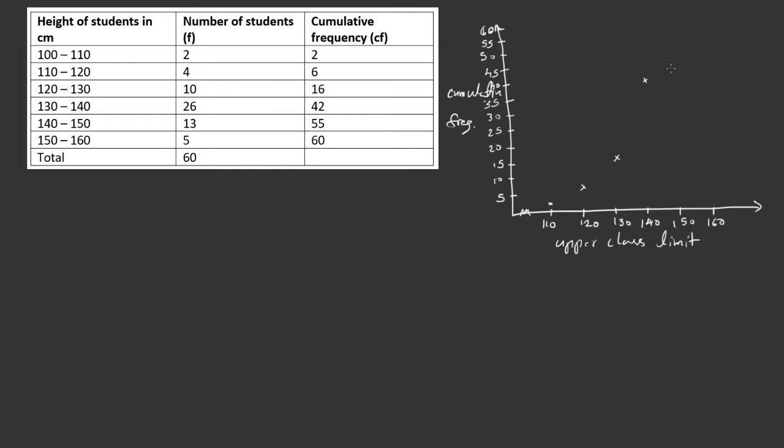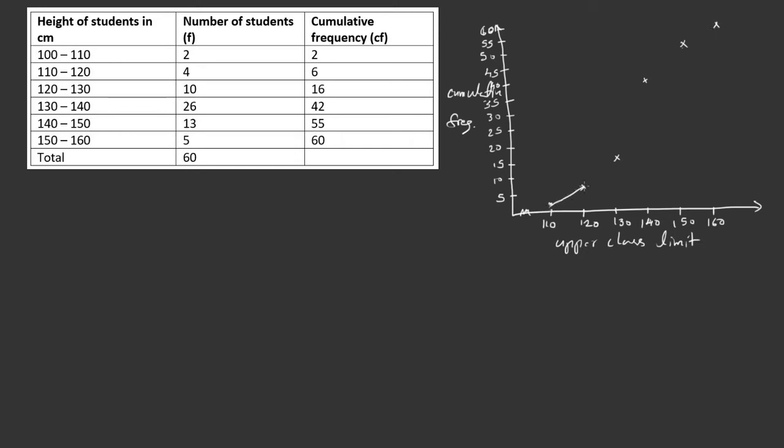For 150, the cumulative frequency is 55. And for last, for 160, the cumulative frequency is 60.